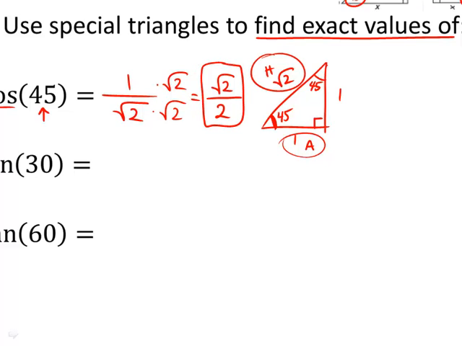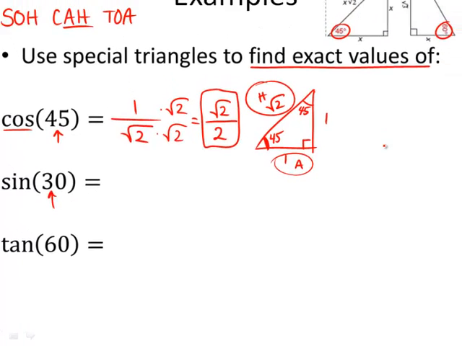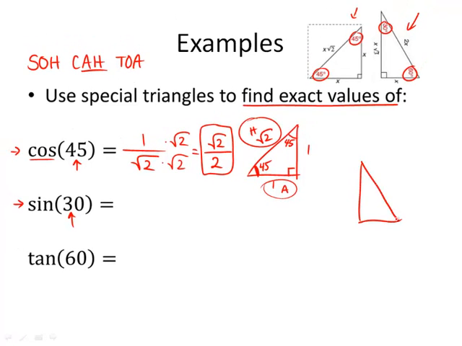Let's try the next example, sine of 30. So in this case, because we have 30 degrees, we want to use our second special triangle, which is a 30, 60, 90 triangle with root 3 to 2 to 1 ratios. Each of these could have an x because they could be multiplied by any number by dragging and scaling the triangle.